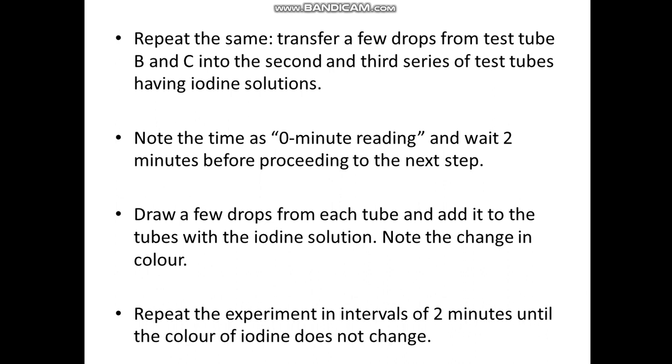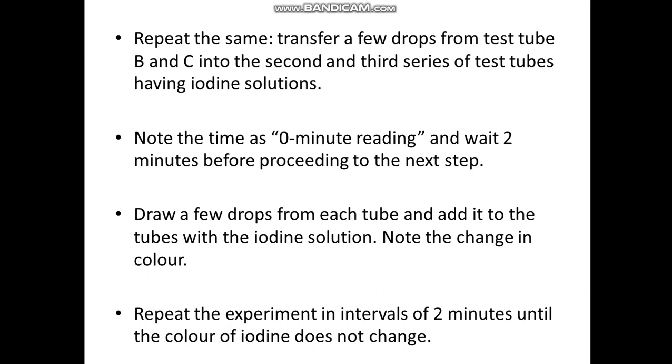The first time we have to note the reading at 0 minutes, and then wait 2 minutes before proceeding to the next step. We have to give a gap between the steps, and draw a few more drops from each test tube and do the same. We have to do the same again after 2 minutes, and note the change in color.